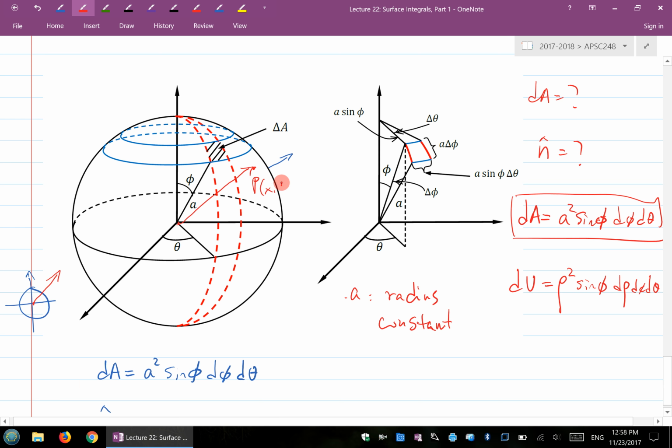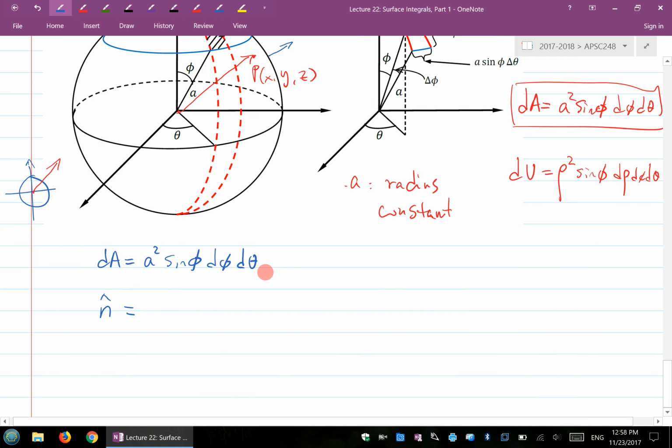So P has the coordinates x, y, z. So that basically means OP is a vector perpendicular to the surface. But what we need is a unit normal vector. A unit perpendicular vector to the surface. So guess what we do? Just normalize it, right? You can just normalize it.